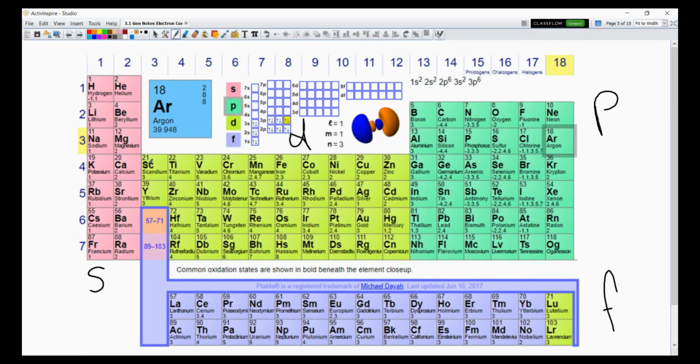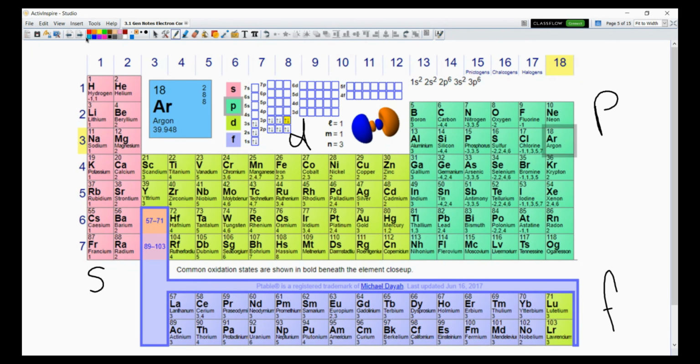Now, for the first time, we're going to hit the d. The thing about the d orbital is that since this is on the fourth energy level, these electrons are even lower energy than the fourth level. So we signify that by putting them on the third level, but they're not in this row here, they're in this row. So this is 3d.